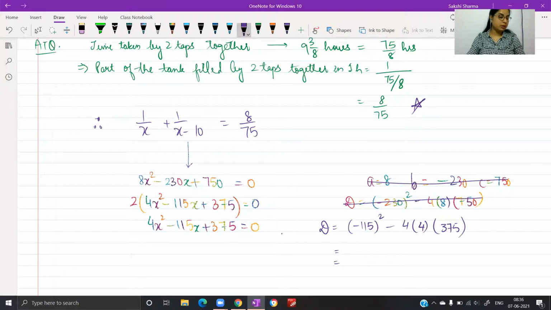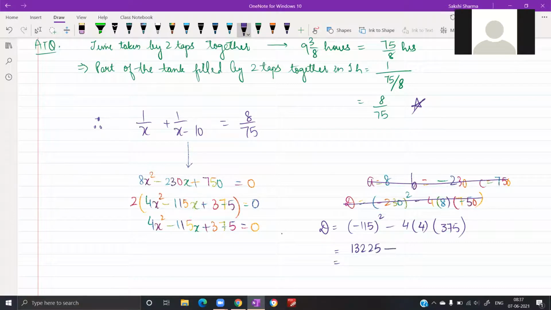What is the discriminant obtained? Into 375.